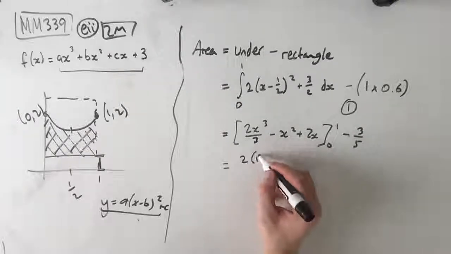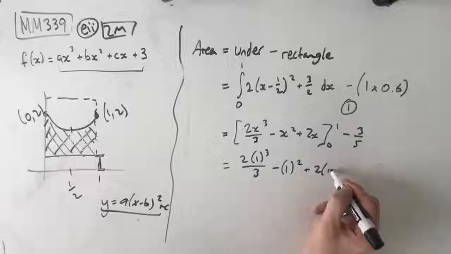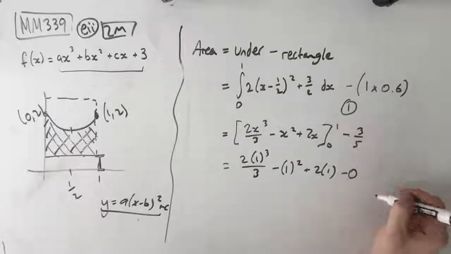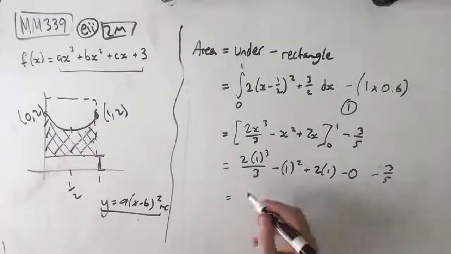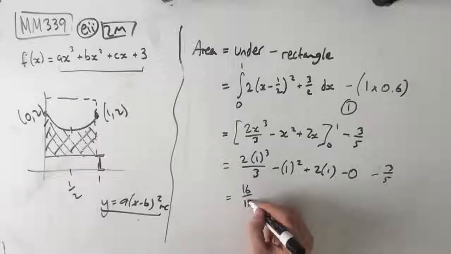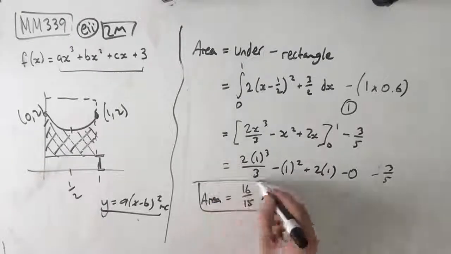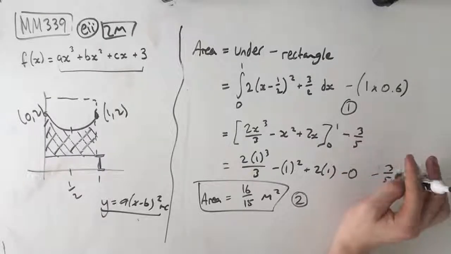So we get 2 times 1 cubed on 3 minus 1 squared plus 2 times 1, and all of these with 0 in them just means 0. So minus 0 and then minus 3/5 at the end here. This all works out to 16/15 meters squared of paint. Awesome. So that's our second and final mark for part E(ii).